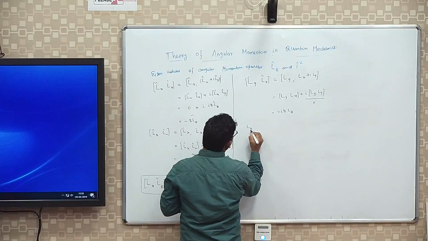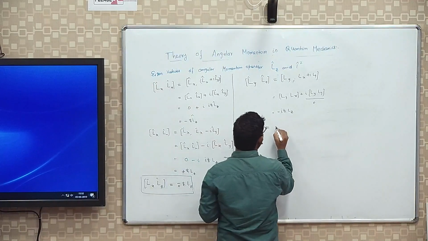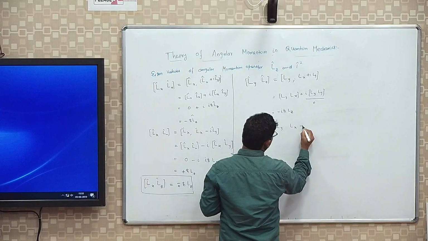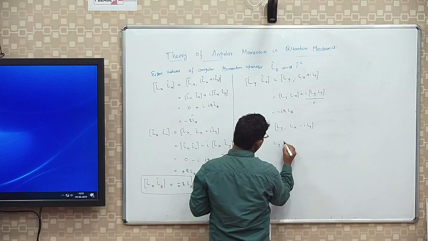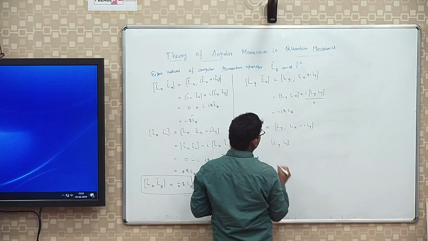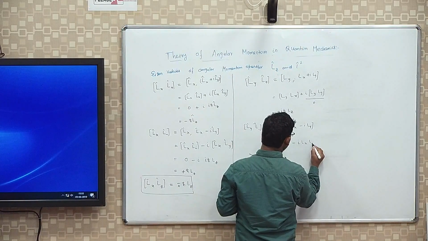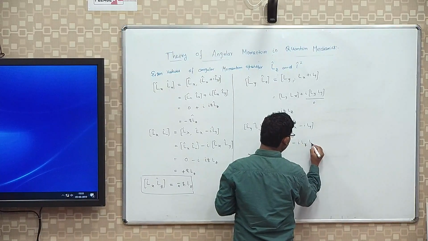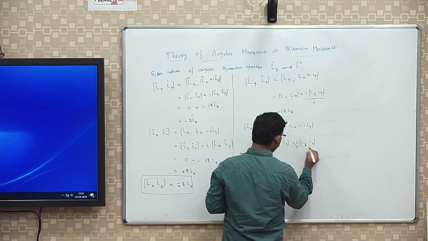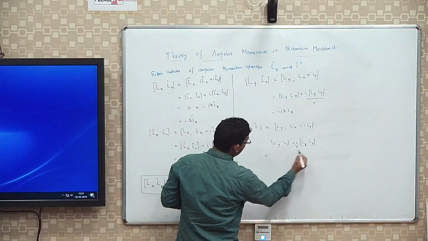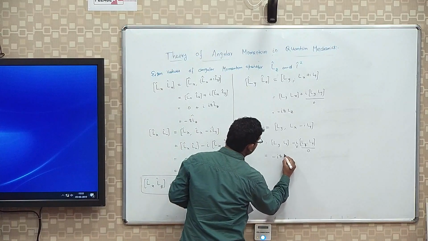Again, if we verify Ly with L minus commutation, then Ly Lx minus i Ly Ly. Ly Lx is again a non-cyclic permutation, so minus i h cross Lz, and the self commutation will become 0.